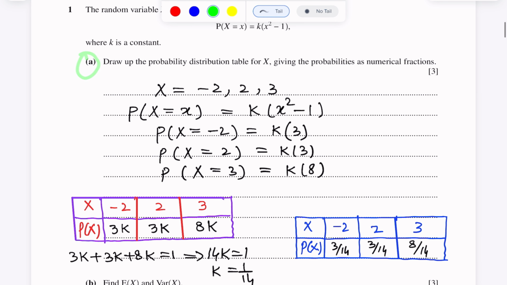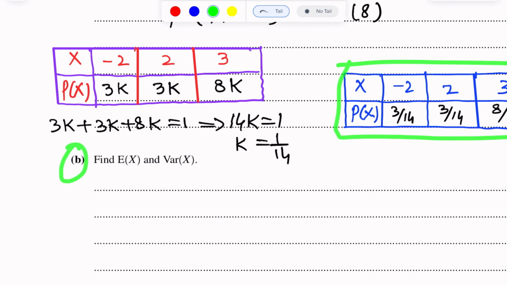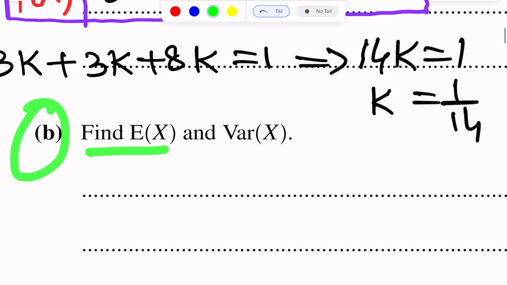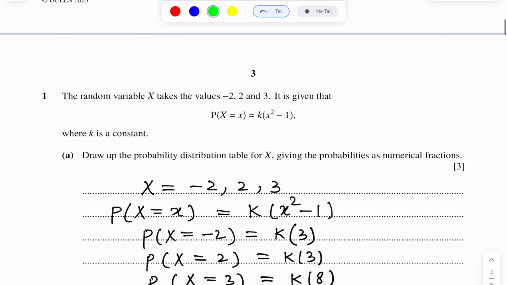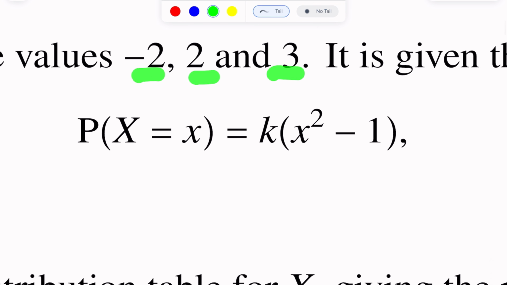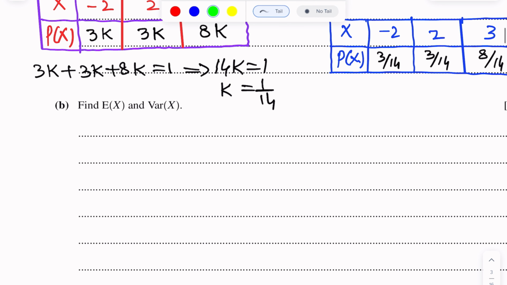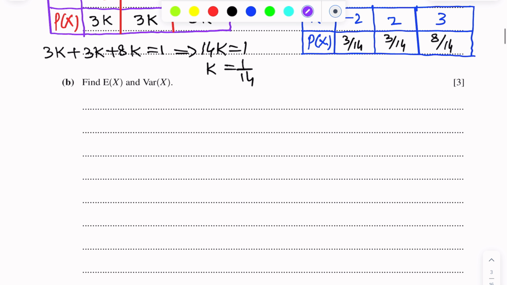We have drawn the probability distribution table. Now next part B of this question is find Ex. Ex means expected value of x, or simply we can say the mean value of x. So there is a formula to find the mean value of x.